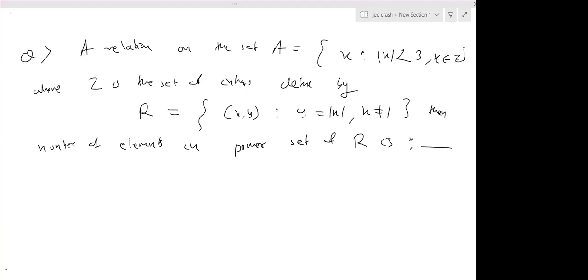All right. Let me give you 2 minutes for this. You guys try to solve it. Just find this relation and the number of elements in it. You can find the power set using the formula 2 to the power m.